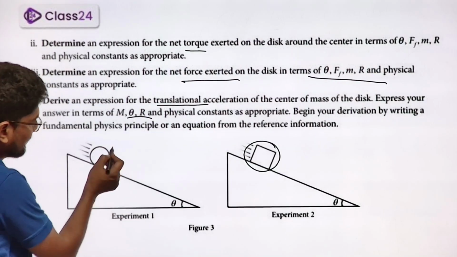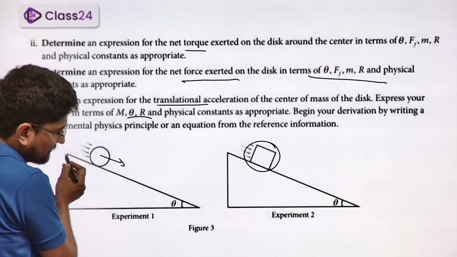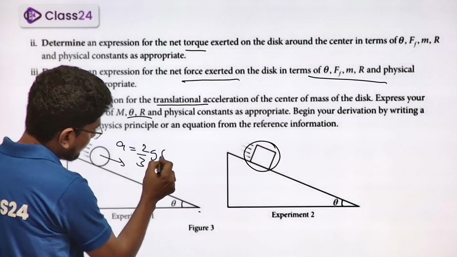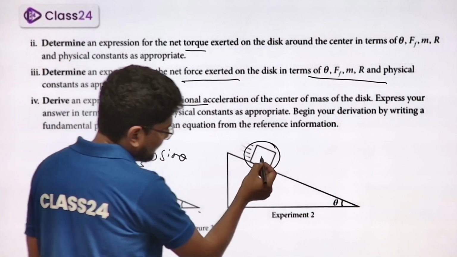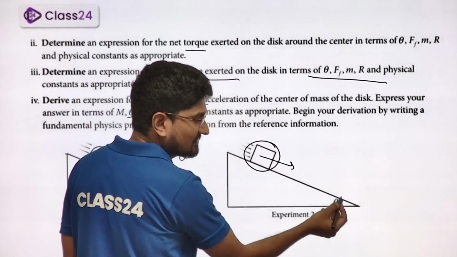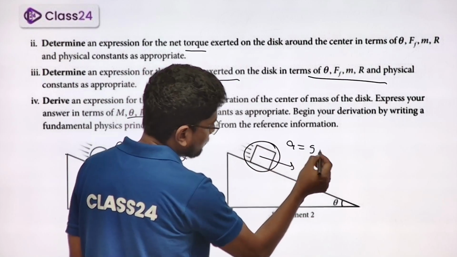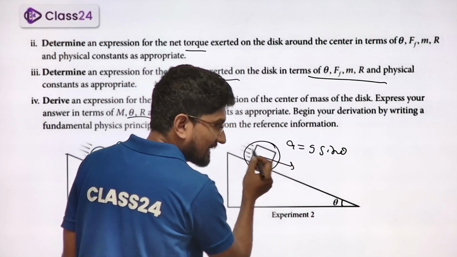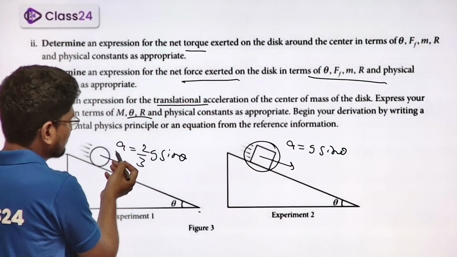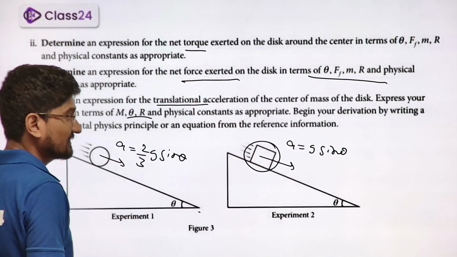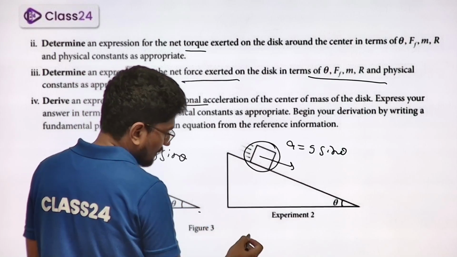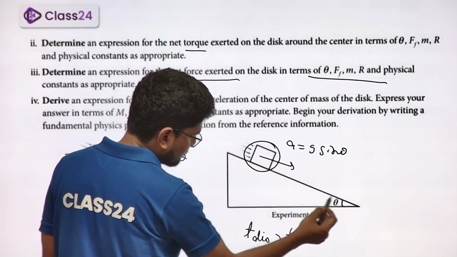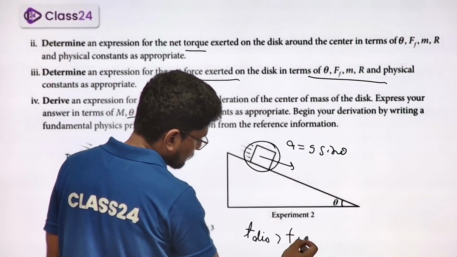The translation acceleration of the disk down the incline is 2 by 3 g sine theta, but the translation acceleration of the block on the inclined surface is g sine theta. So the translation acceleration of the ice block is more and that of the disk is less. The distance is the same, so the disk will take more time to reach the ground than the block.